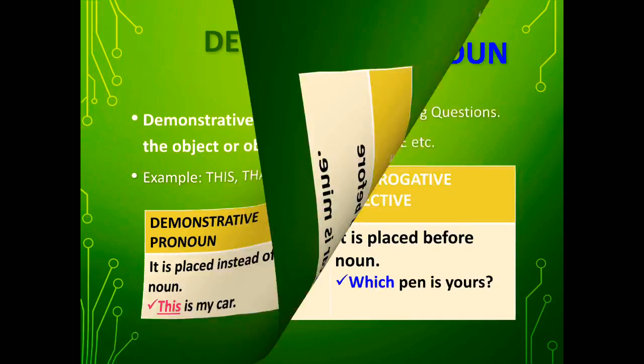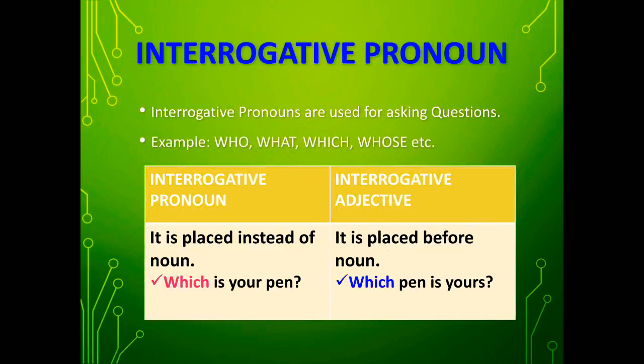Next, interrogative pronoun. Interrogative pronouns are used for asking questions. For example, who, what, which, whose, etc. Example, which is your pen? I have already said that if the word is used in place of noun, then that must be a pronoun.